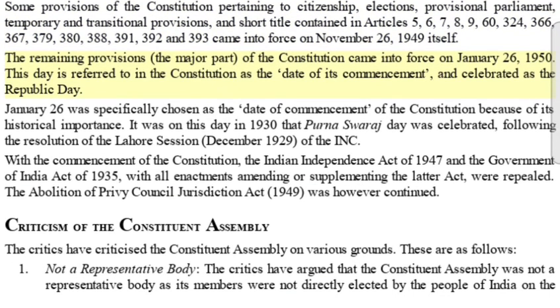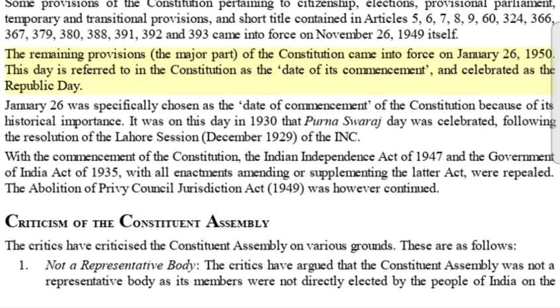The remaining provisions, the major part, of the Constitution came into force on January 26, 1950. This day is referred to in the Constitution as the date of its commencement, and celebrated as the Republic Day.